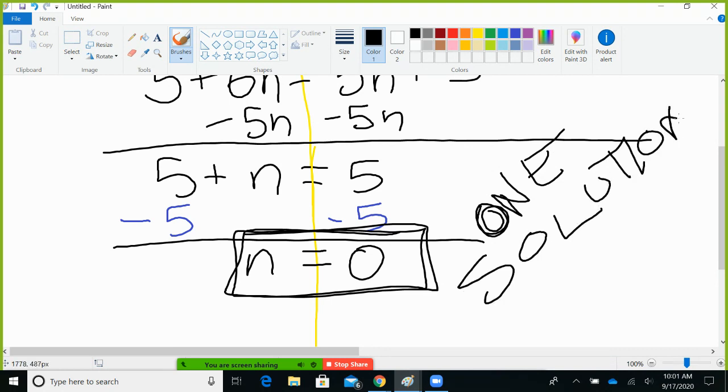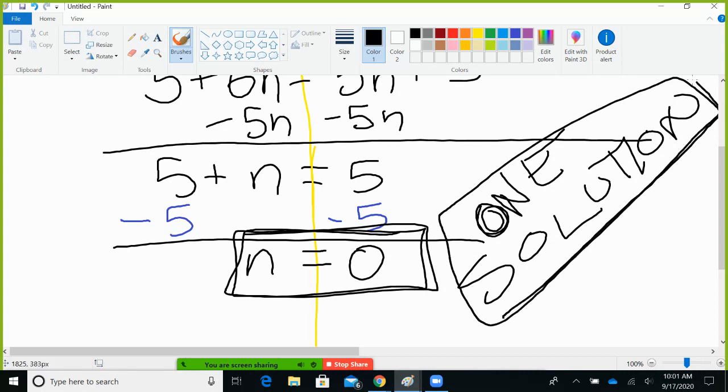So if you get an x equals a number, that's one solution. If you have like 72 equals 72, then it's an infinite number of solutions. And if you have 72 equals negative 112, then it's no solutions.